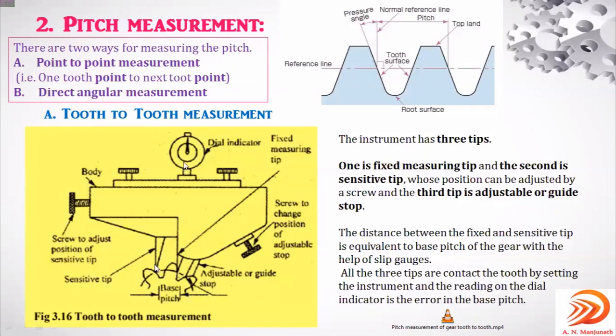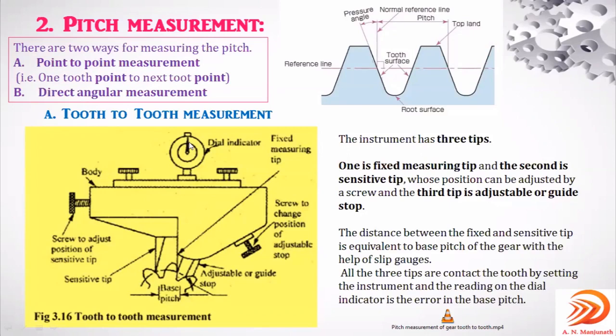Here also there will be a dial indicator and adjustable screws. This dial indicator reading will be taken to know any variations in the dimensions, right? Dial indicator, as you know, is a comparator. All of you know a dial indicator is a mechanical comparator, right? So a dial indicator won't be able to give exact values.